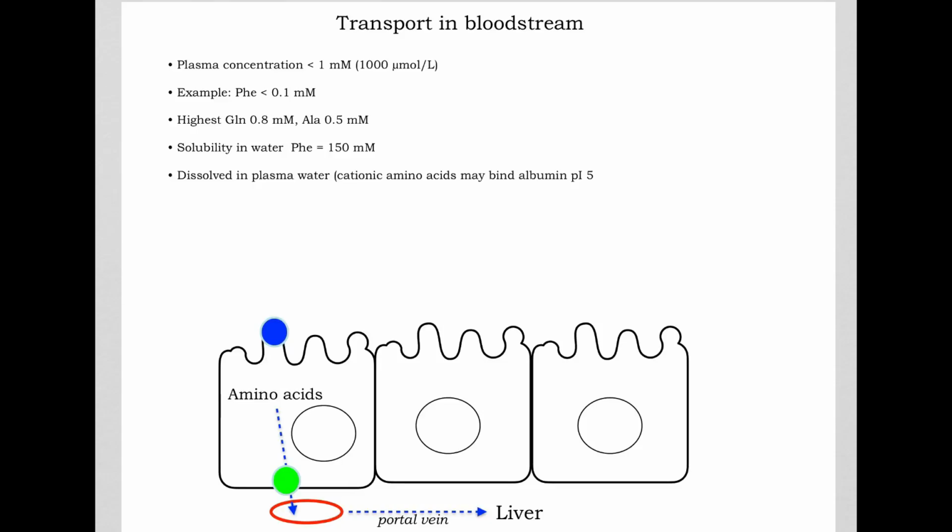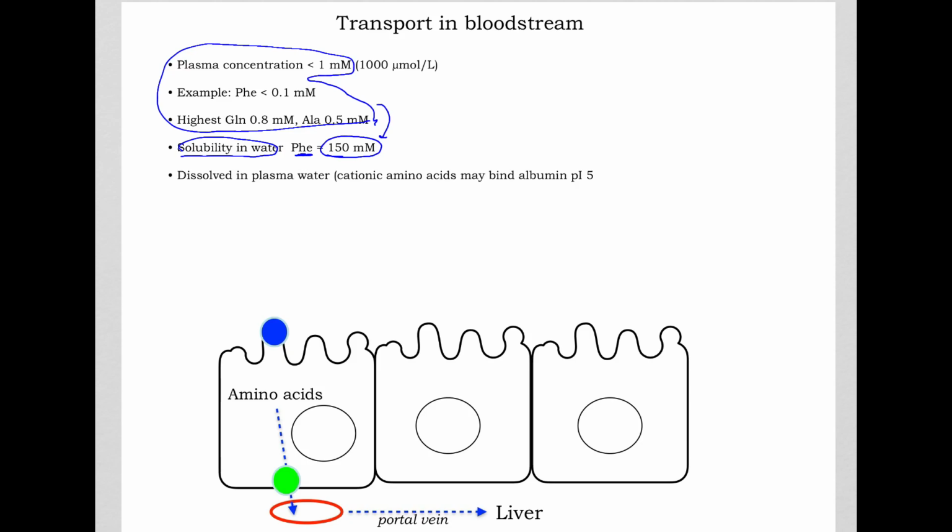Now, the solubility of amino acids in water, for example, if we take again this hydrophobic amino acid phenylalanine, is quite high, 150 millimolar. So clearly you can see that these amino acids are found at concentrations much lower than their water solubility.